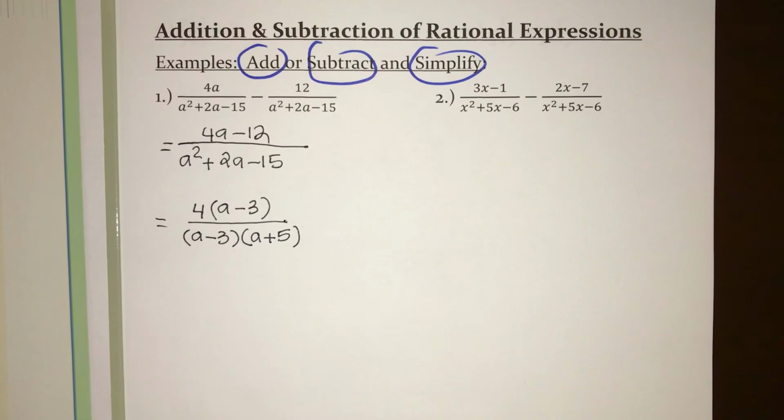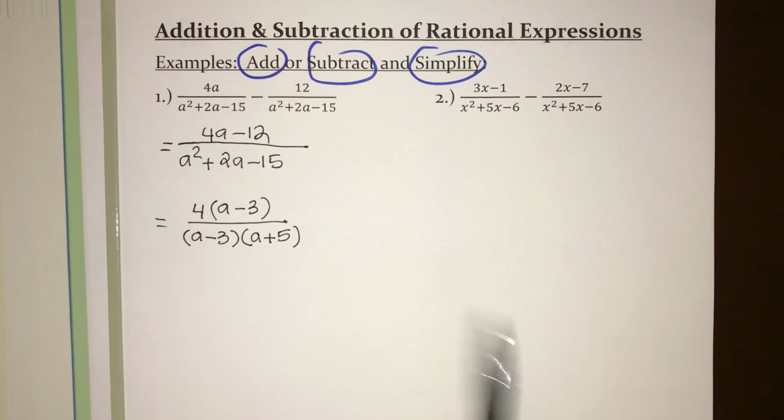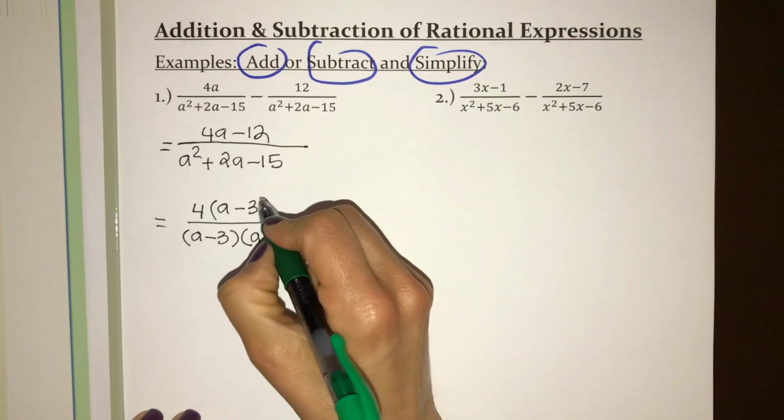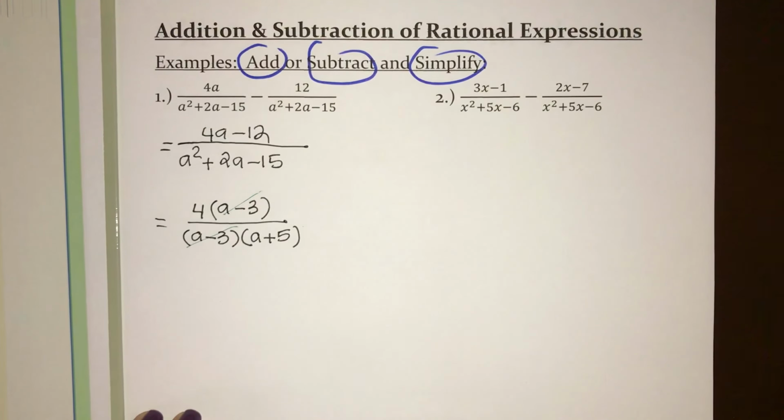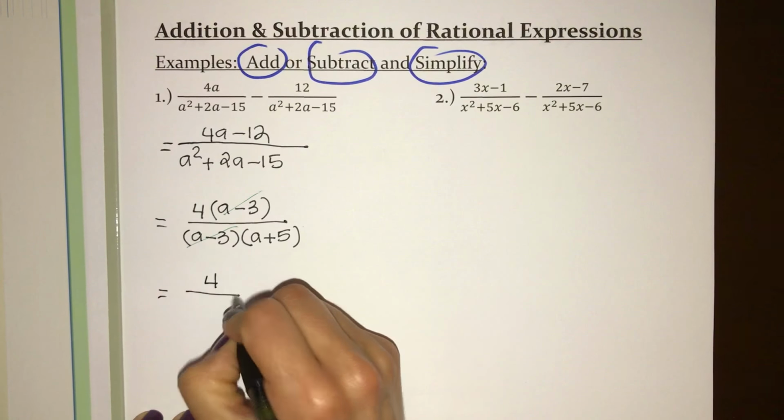Once everything is factored, then we can reduce any common factors. One should be at the top and one should be at the bottom. And so I can reduce a minus 3 because it's common to both numerator and denominator. And so then we're left with our final answer, which is completely simplified.